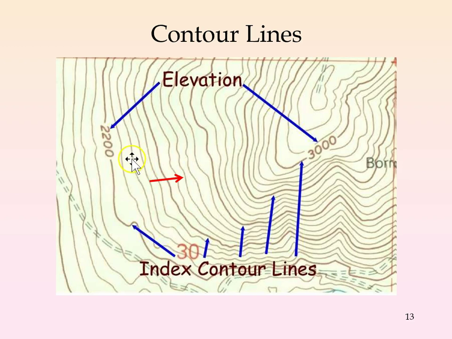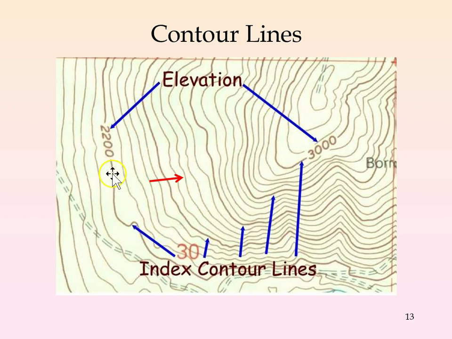Actually, these are just intermediate lines. So next, we take 1, 2, 3, 4. There are 5 lines, and we know the change in elevation here is 200 feet. If we take 200 feet and divide that by 5, we get 40 feet. So that means the contour interval for this map is 40 feet.